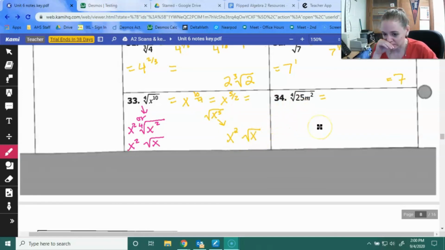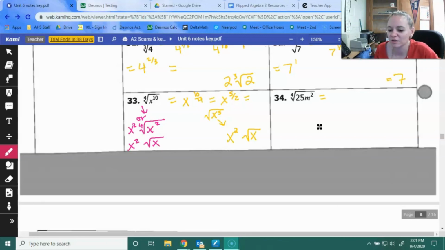Alright, now this one can be kind of messy as well. It's like, okay, this is a radical, and I can see if I have groups of 4 out of 25, which I don't, it's only 5 times 5, and then see if I have a group of 4 out of this, which I don't. So it's like, what do we do? Well, there's a couple things we can do.